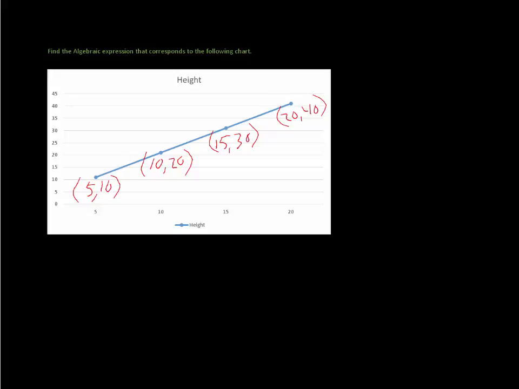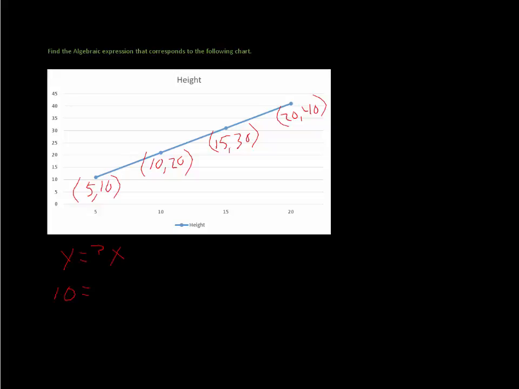They want us to find an algebraic expression. So what we need to do is figure out what we'd have to multiply, divide, add, or subtract from the x to end up with the y. So if I have y equals something times x, let's say, if my y is 10, what would I have to multiply x by to get 10?